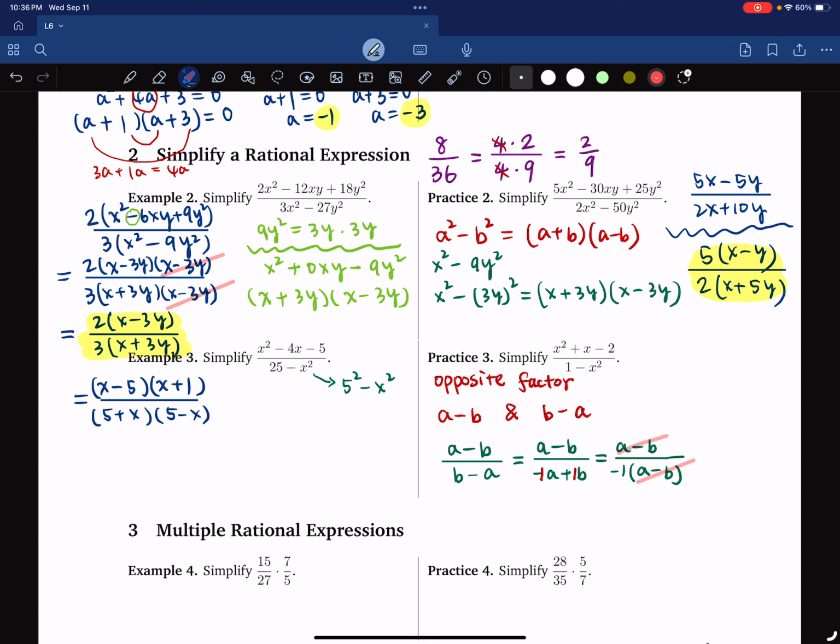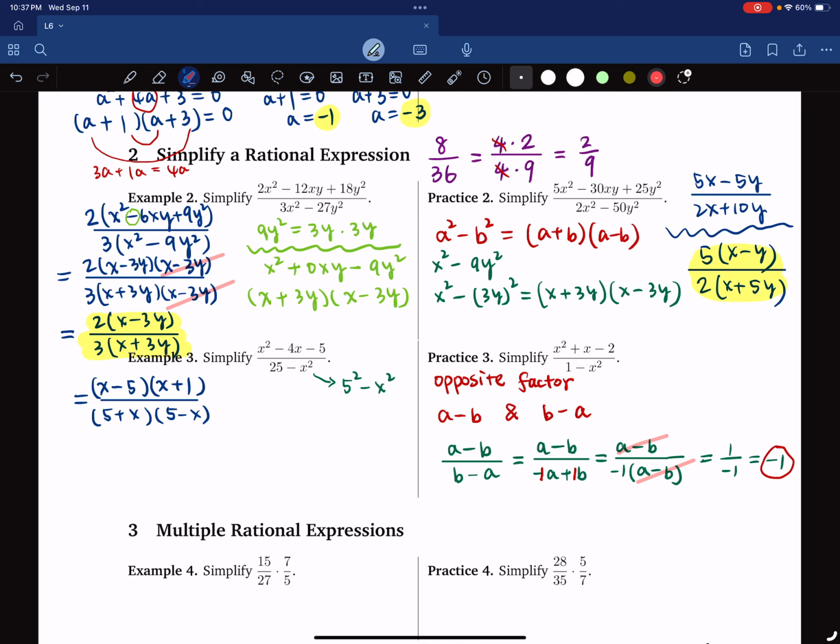And after you cross them out, we obtain 1 over -1, which is the same as -1. So that's how you know that expressions in the form of a minus b and b minus a are opposite factors. As a result, if you do cross them out, they become -1.